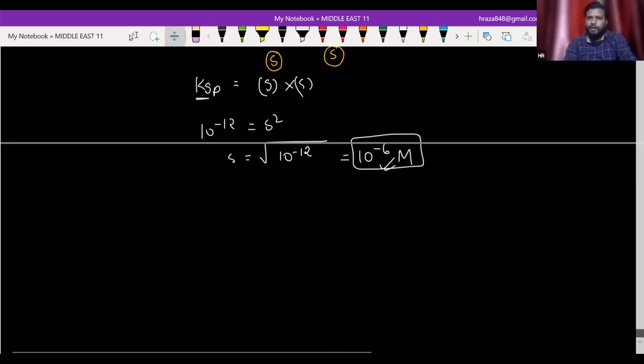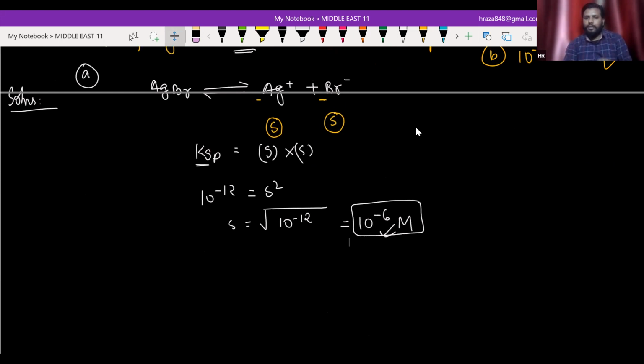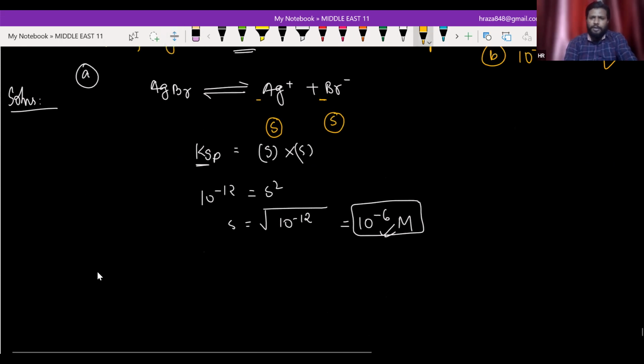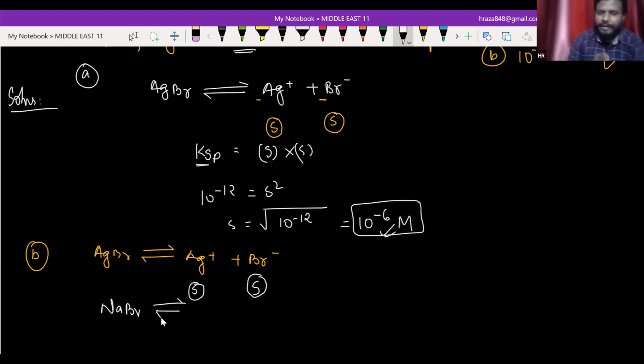In the second part, it is given in the question that we have to calculate the solubility of AgBr in NaBr, and NaBr has a molarity of 10 raised to the power minus 2 M. So going for B, concentrate here that AgBr will dissociate into ions Ag plus and Br minus, and again the solubility of Ag plus is S, and Br minus is also S. Again, we dissociate NaBr because it has a common ion, meaning the ions of the salt are similar to the ions of the solvent.